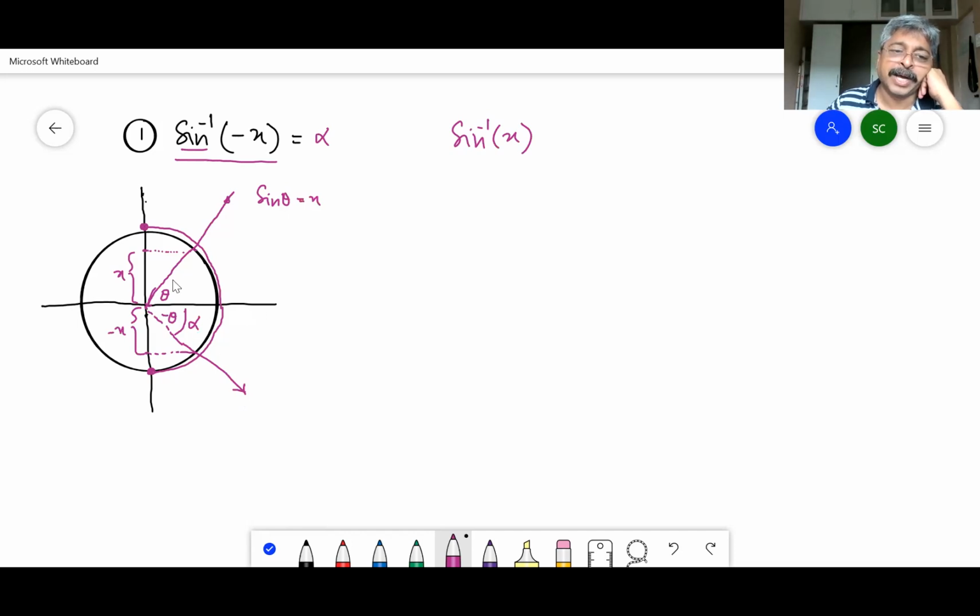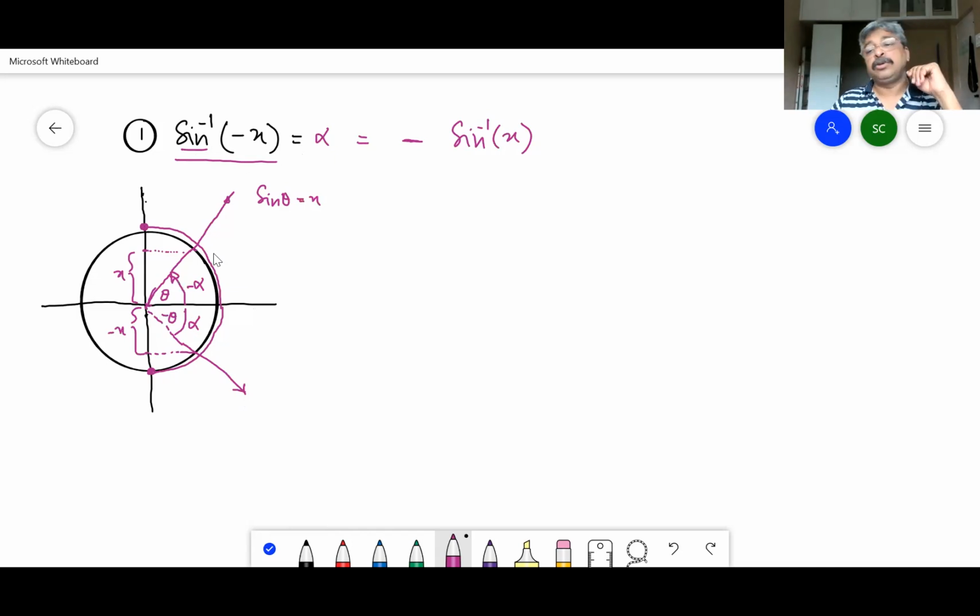So if this is alpha, then this is going to be opposite of alpha. Can you observe it geometrically? And therefore alpha is equal to opposite of sine inverse x. Therefore you end up getting this identity: sine inverse of opposite of x is equal to opposite of sine inverse x.